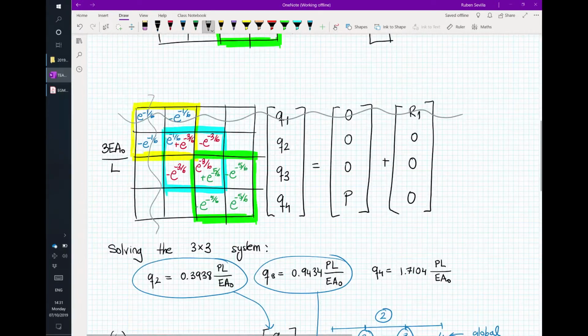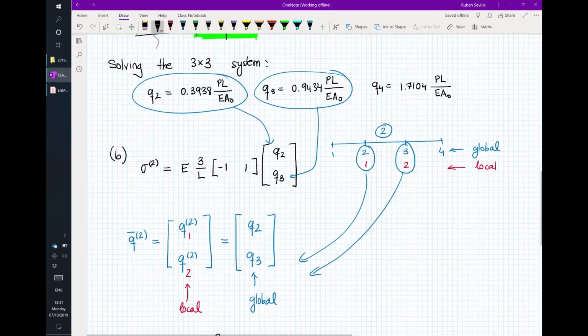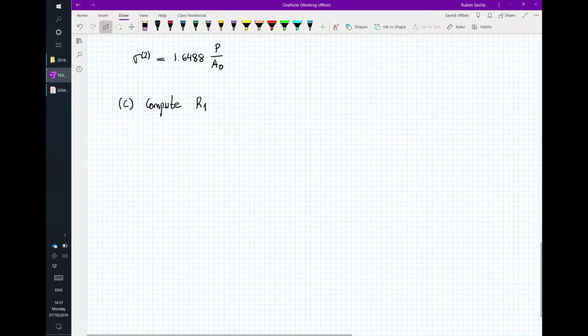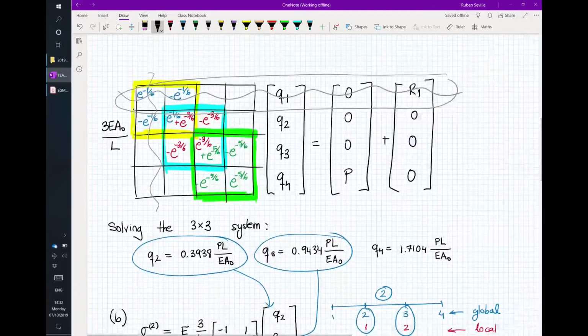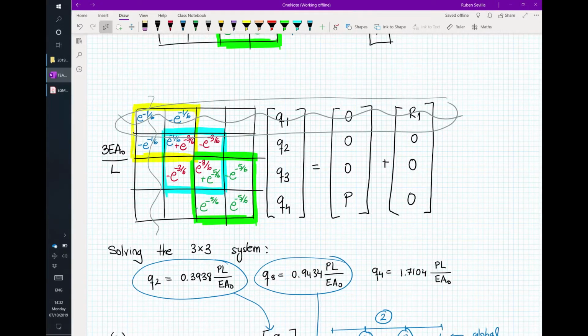Well, the reaction is only appearing here, isn't it? I could use this equation, right? It's something like 3E A0 divided by L, the common factor outside. Then you have this quantity multiplied by Q1, this quantity multiplied by Q2, plus 0 multiplied by Q3, plus 0 multiplied by Q4, and this will be equal to my reaction.